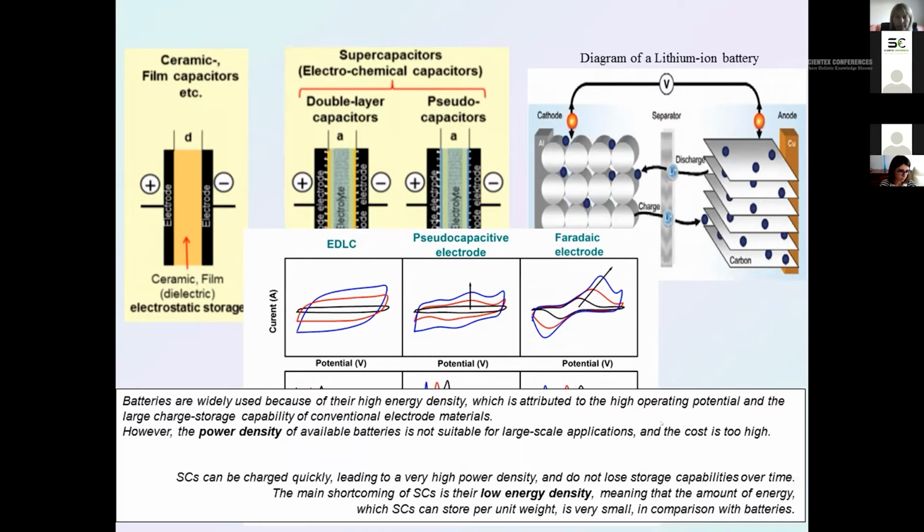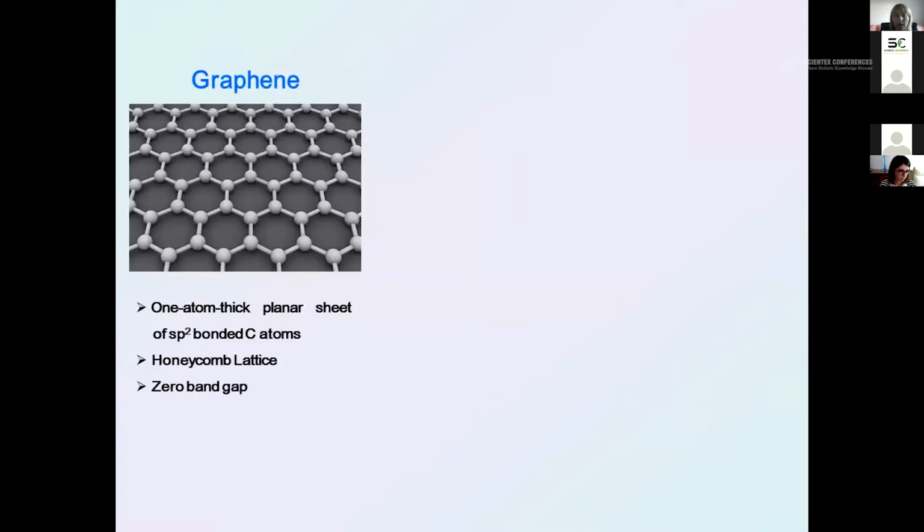So back to our goal, batteries can be used widely, but a battery doesn't have high power density. A supercapacitor device can show high power density, but not so high energy density.